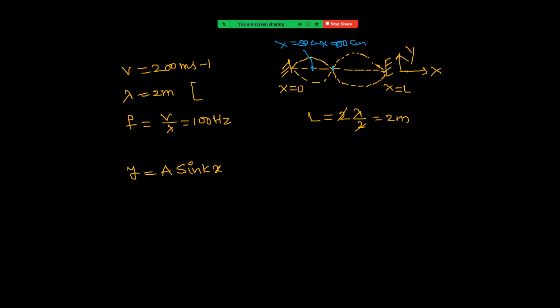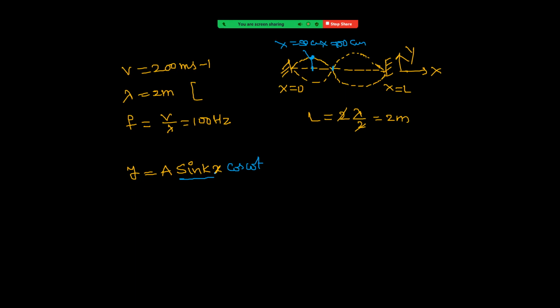So that corresponds to the antinode. Now the antinode is at its extreme position. That means when t equal to 0, its displacement is maximum. That's why we have to write cos omega t. So when t equal to 0, y value will be maximum, because for the antinode, sin kx becomes 1. Why sin kx?